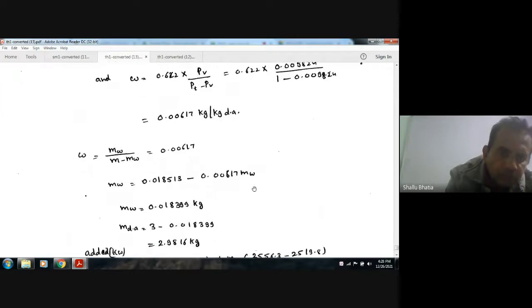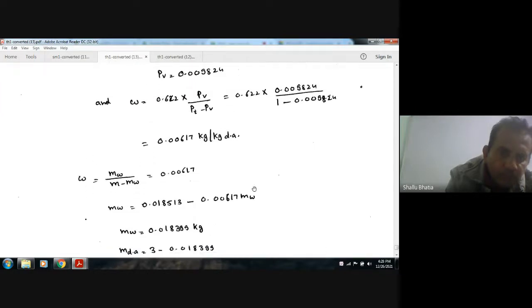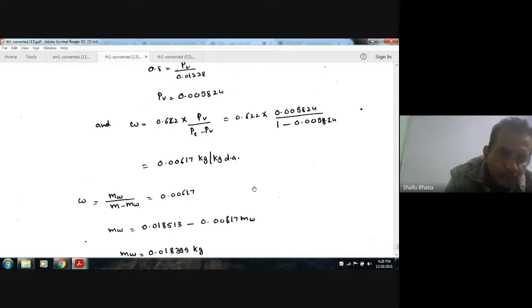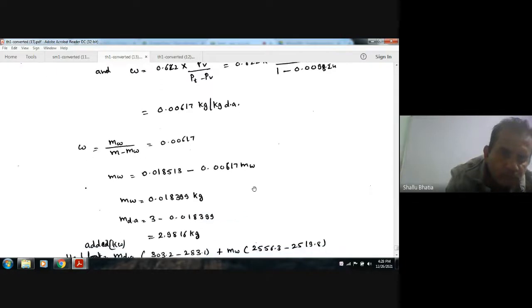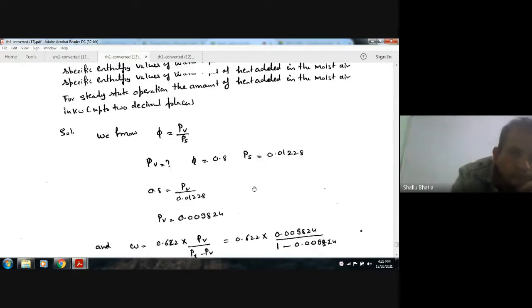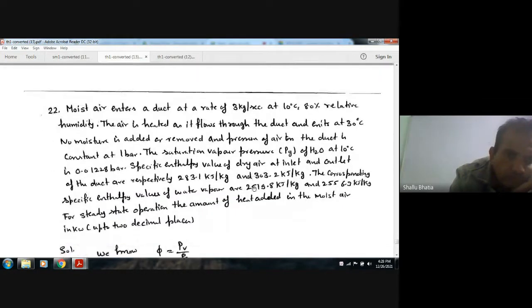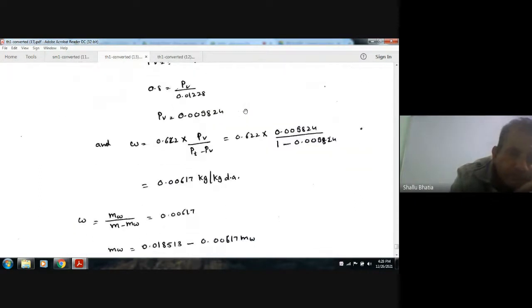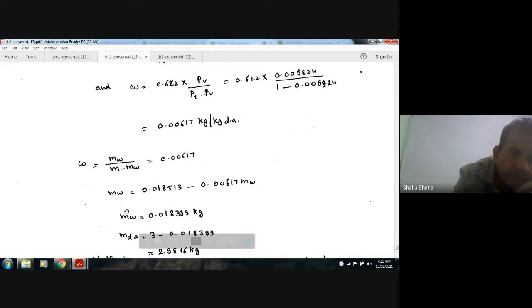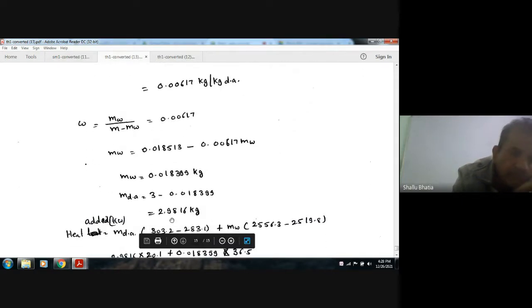Total mass is 3 kg per second. Putting m equal to 3 kg, we can find out m_w, and then we can find out the mass of dry air.